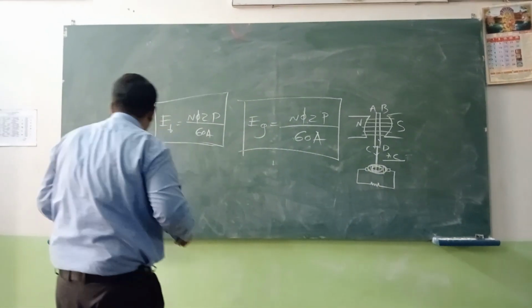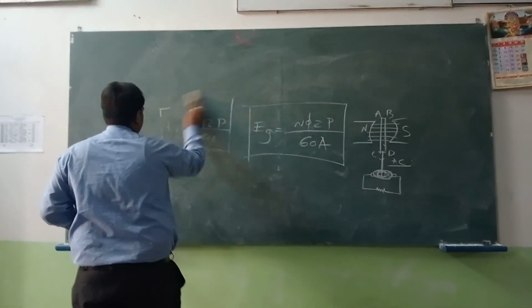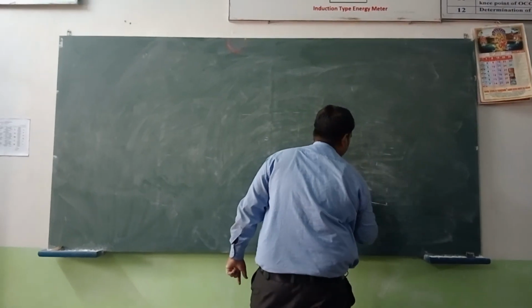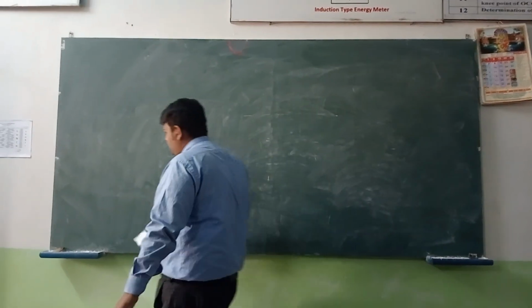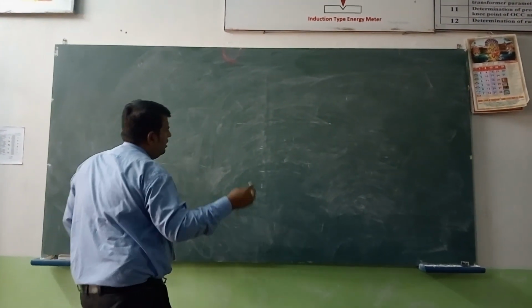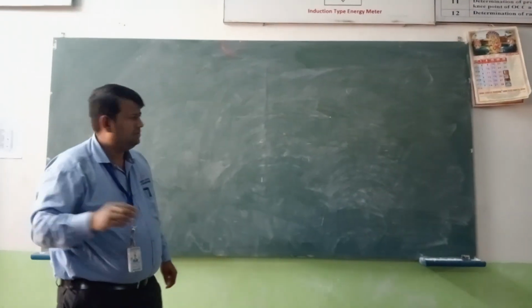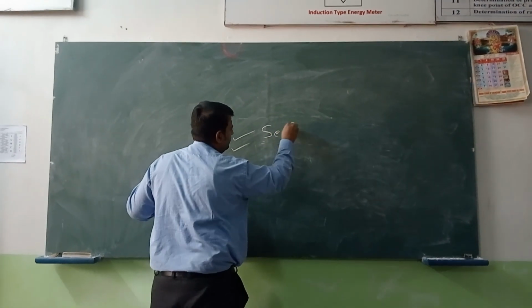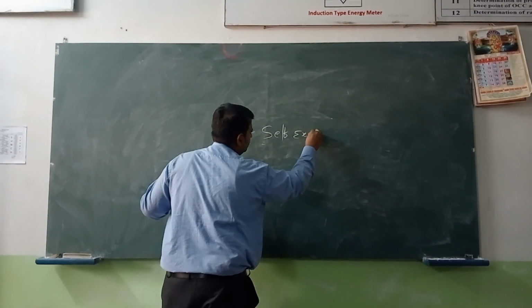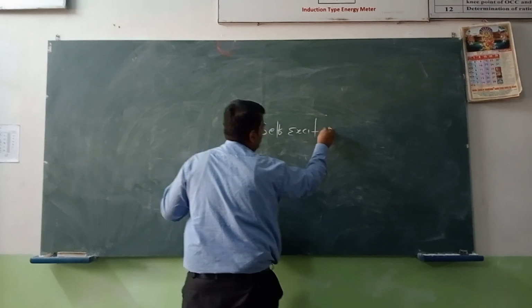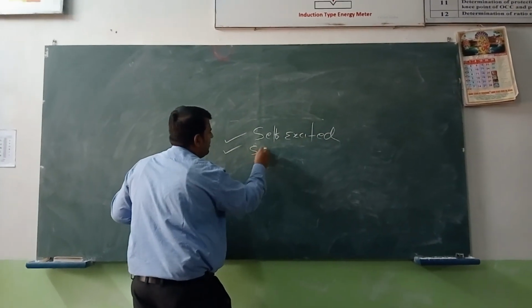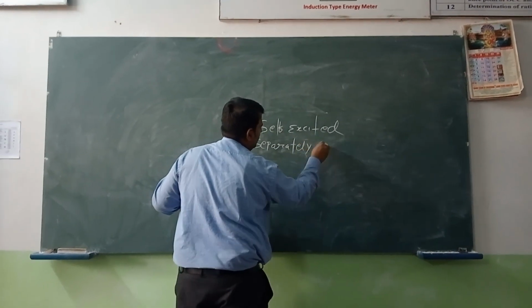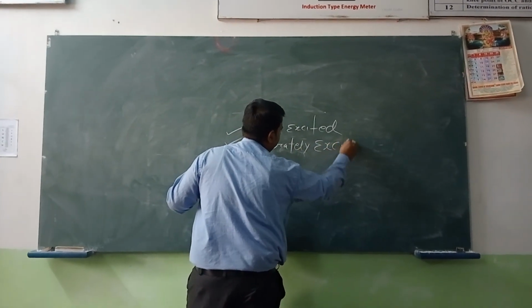Types of DC generator. One is self-excited, another is separately excited.